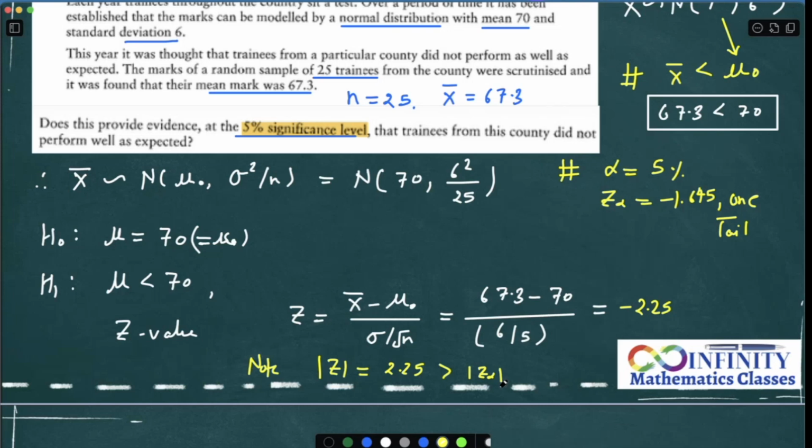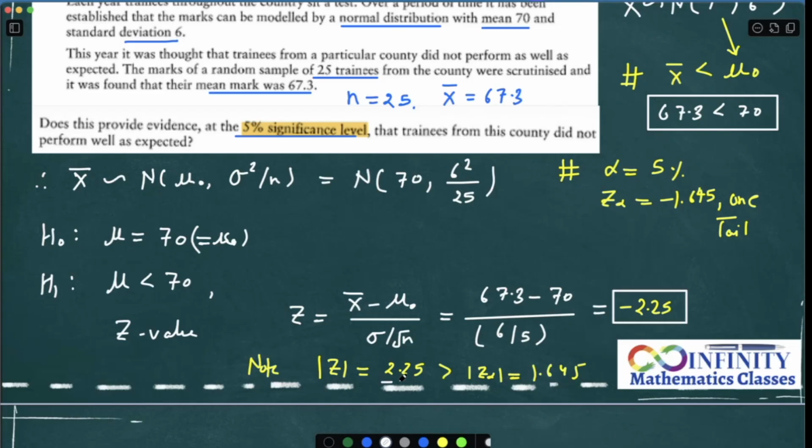Just check. See, the value of Z we obtained is negative 2.25. The mod of that is going to be 2.25. What is mod of Z alpha? It is 1.645.